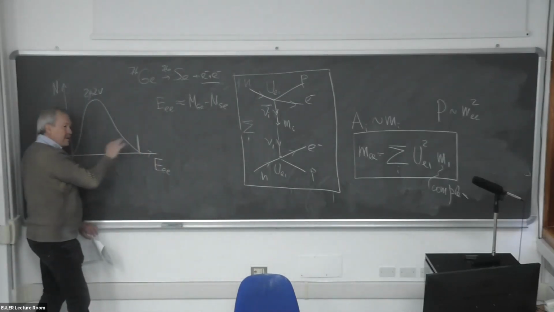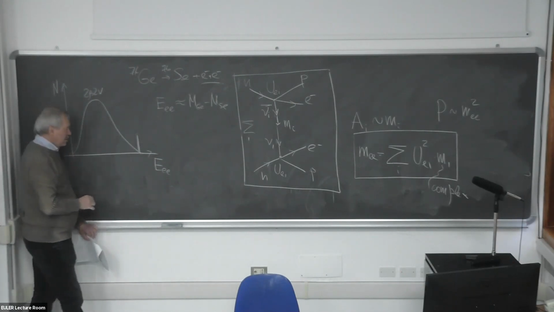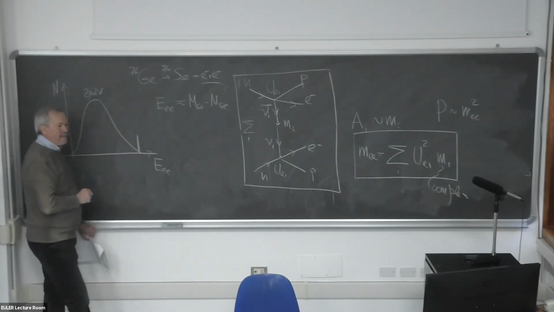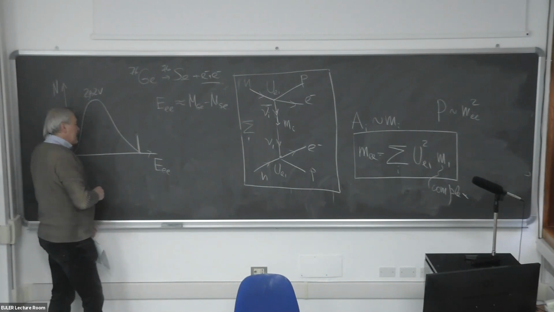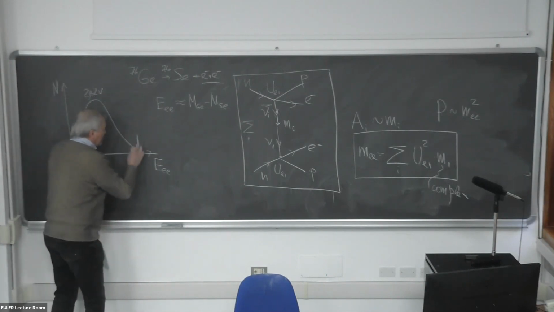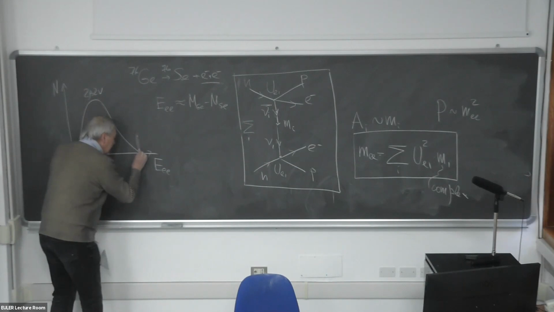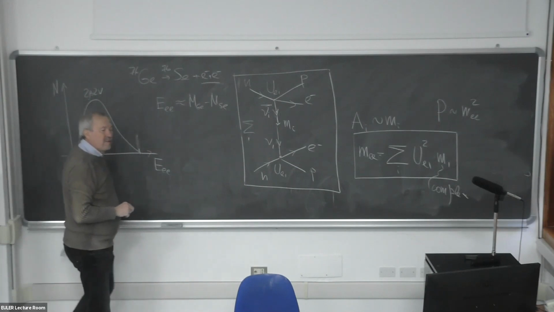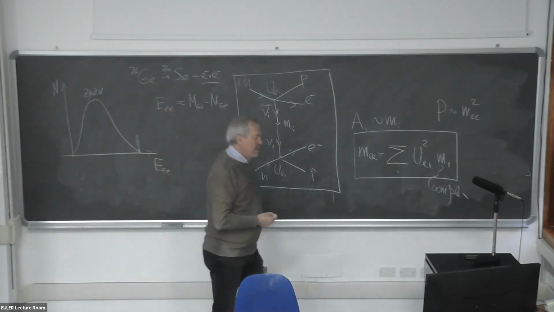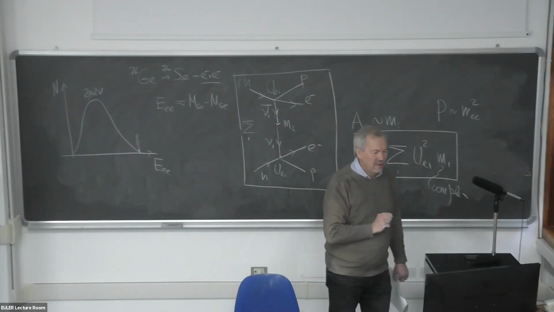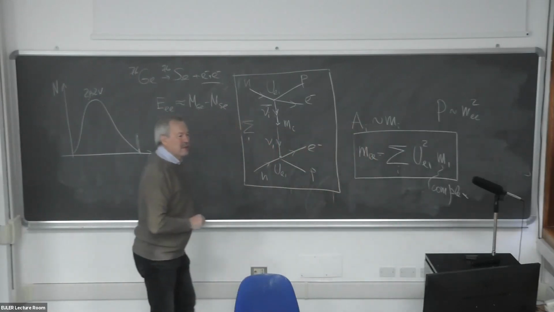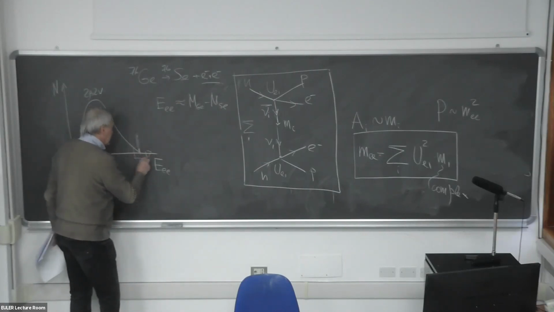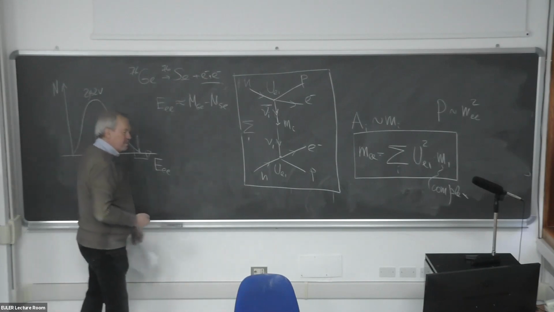You observe a continuous spectrum of 2 electrons, and hopefully you will see some peak here. The problem, of course, is that this peak is not like this, but it is like this, and you always have some background because there's a tail of usual beta decay. So this is a nightmare for experimentalists. You need to have very good energy resolution. If you have good energy resolution, then you can have a good sensitivity to this peak. If the energy resolution is bad, then of course you have a big contribution from just usual beta decay.